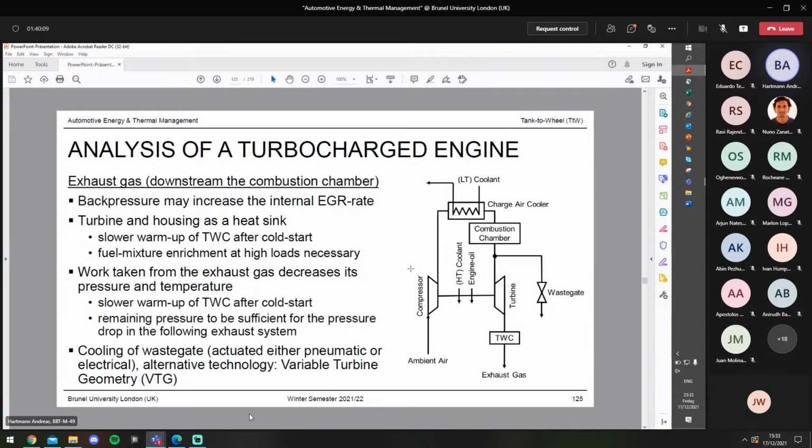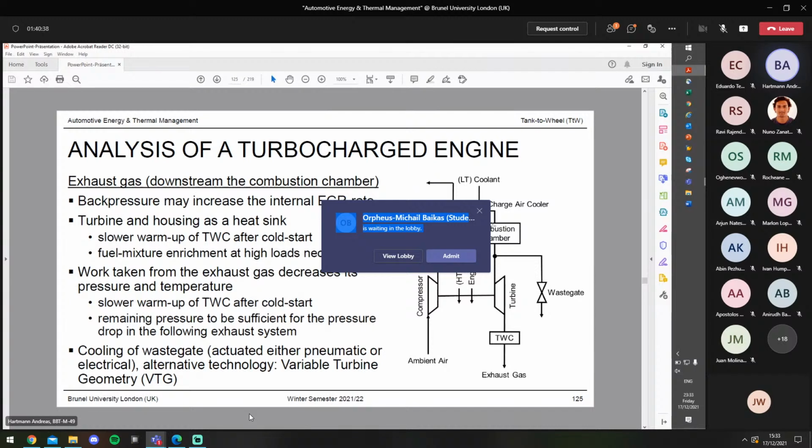And as the compression goes also with a temperature increase between the compressor and the combustion chamber, there's most likely a so-called charge air cooler installed, which lowers the temperature again in order to further increase the mass density of the charge air, and then you can inject more fuel.